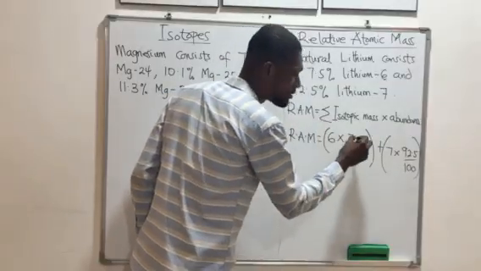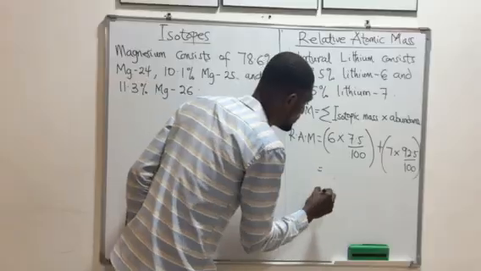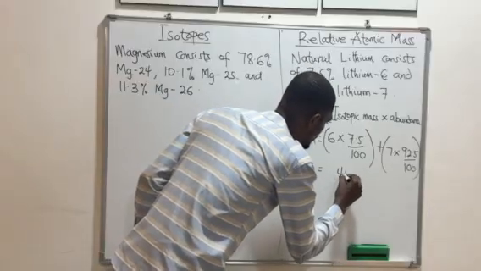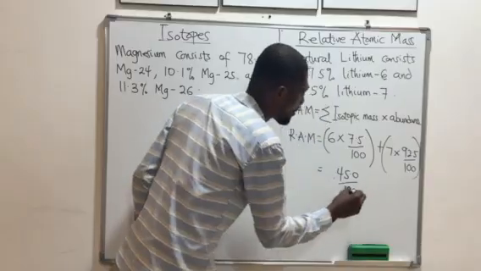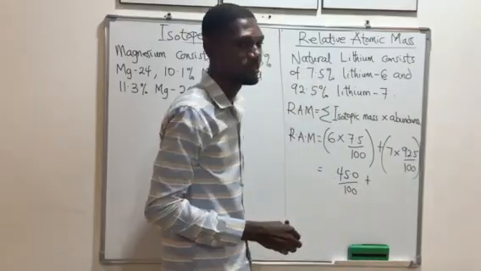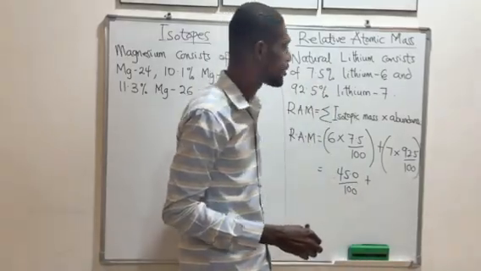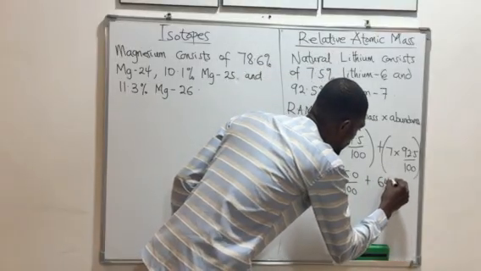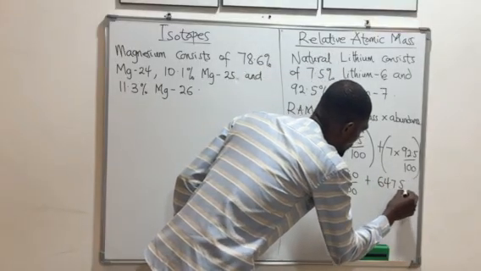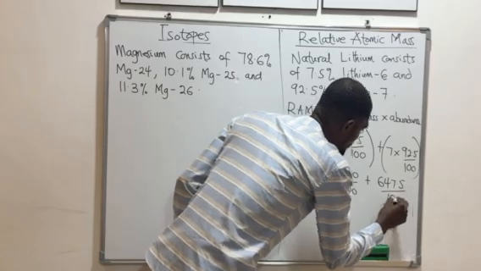So 6 times 7.5 gives us 45.0 over 100, plus 7 times 92.5 gives us 647.5 over 100.